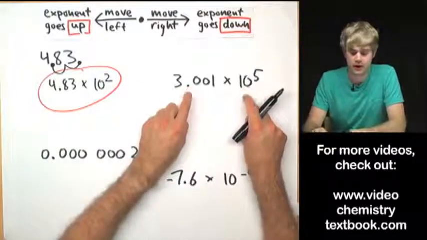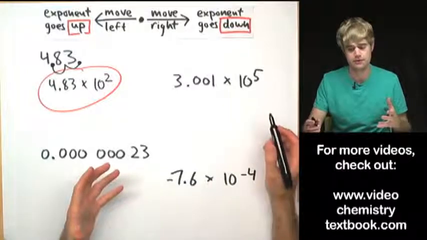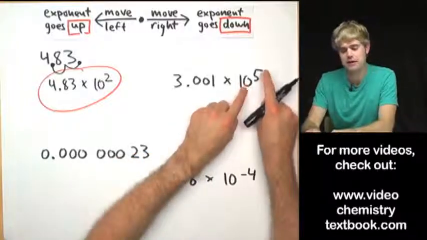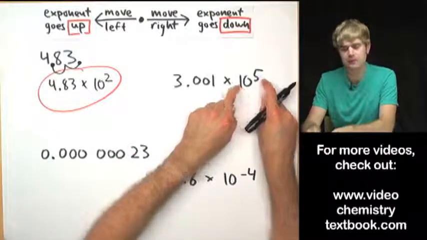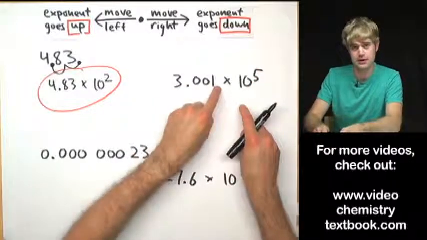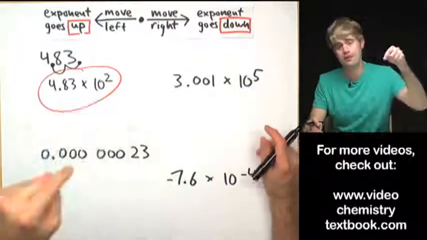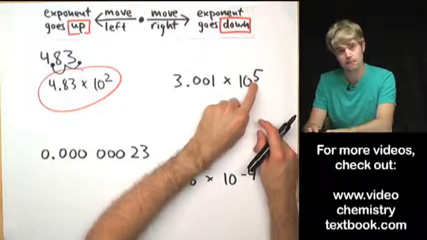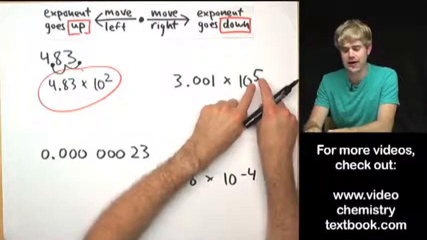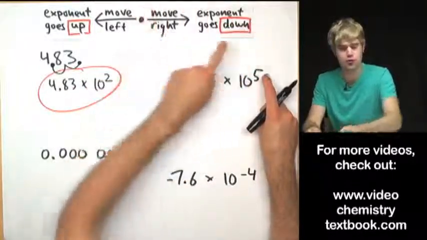This number over here is already written in scientific notation, so I want to take it out of scientific notation. I'm starting at 10 to the 5th here, and to take a number out of scientific notation, I want to move the decimal place so that the exponent on 10 goes back down to 0. Okay, so it's at 5 right now, and I want the exponent to go down. So take a look at these rules up here.